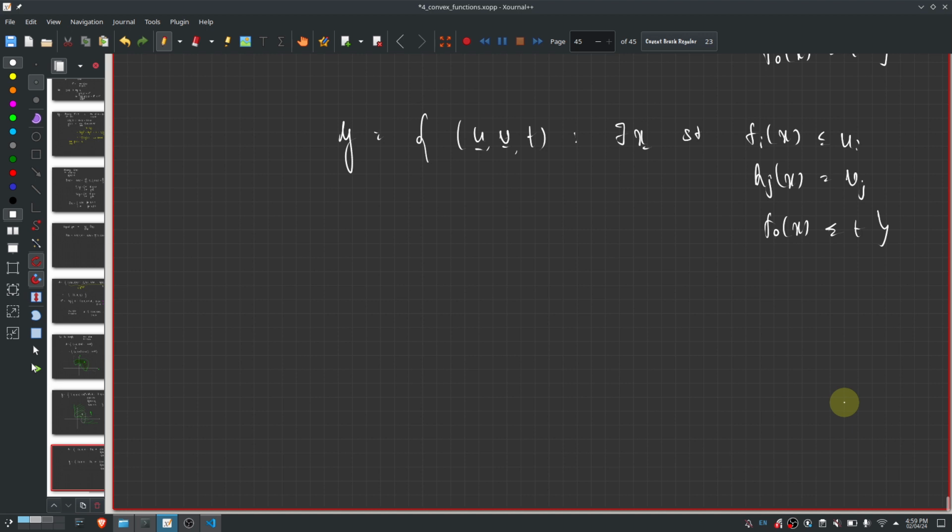How do you get the Lagrangian or the Lagrange dual function?